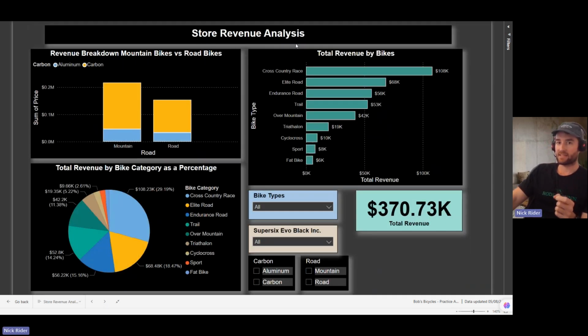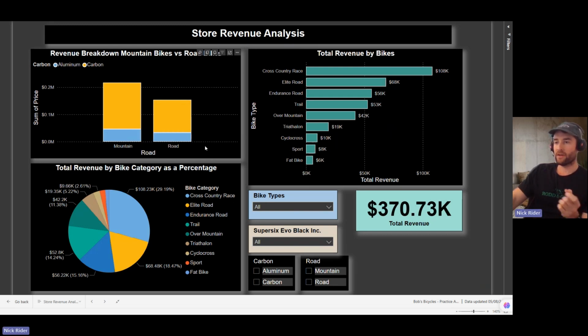Okay, coming next now, we're going to go to his store revenue analysis. So over here, we've got the revenue breakdown, mountain bikes versus road bikes. On the left-hand side, I've color-coded this. So on yellow, we've got carbon, and on blue, we've got aluminium.